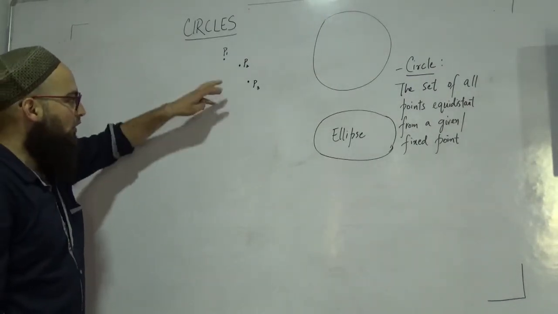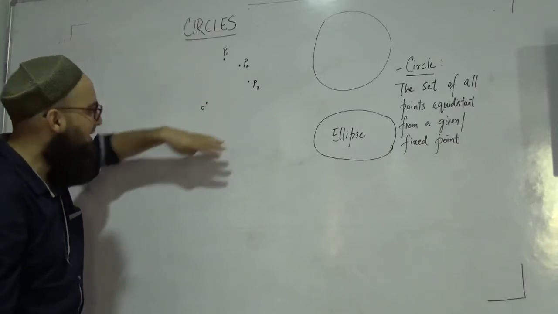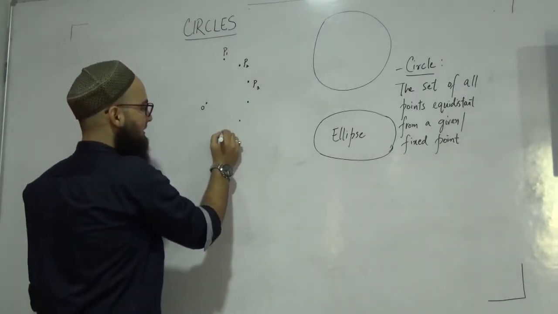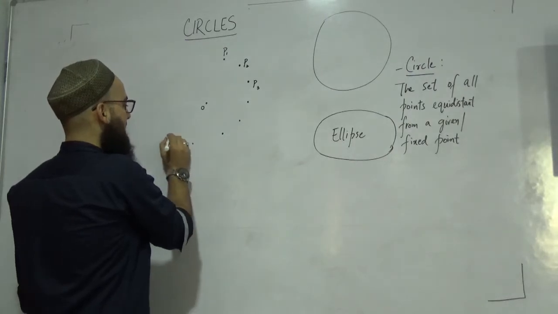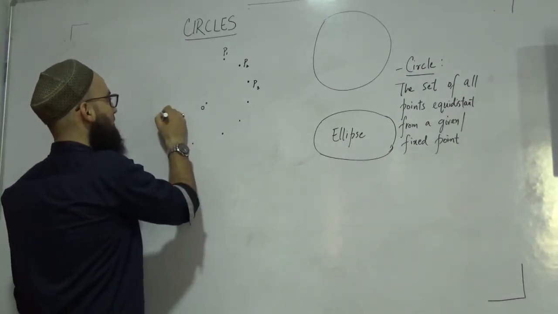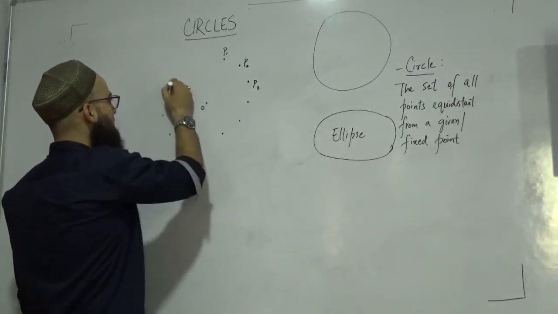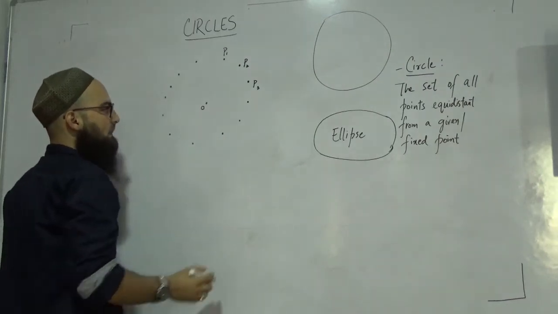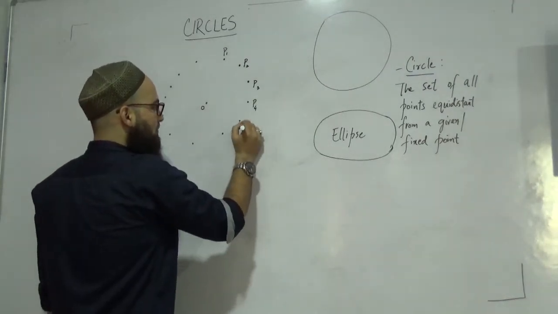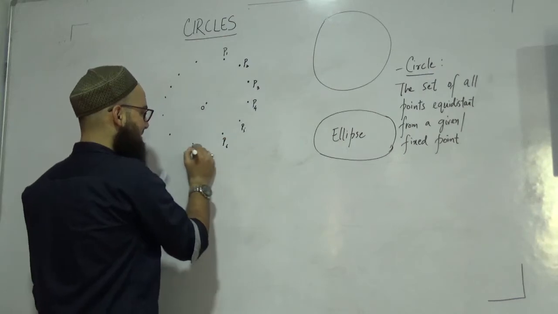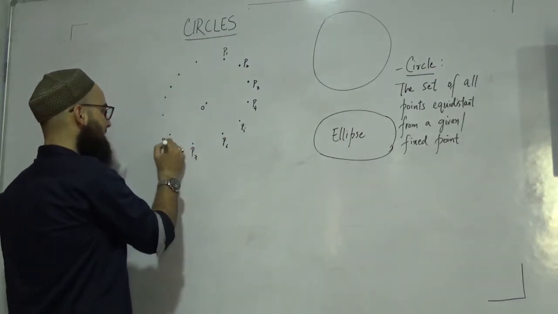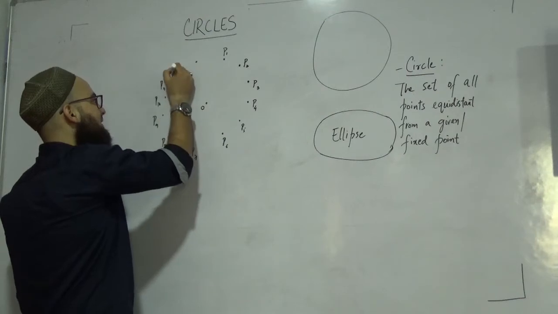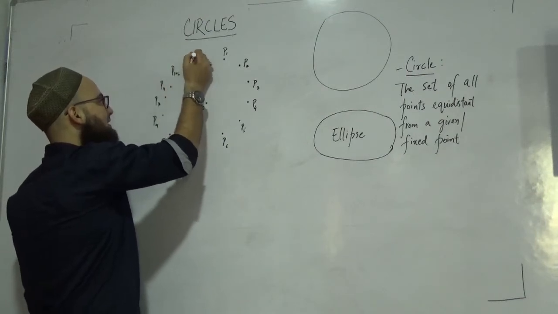So, following the same pattern, let us have a few points like this. Here one more, one more here. Name them P4, P5, P6, P7, P8, P9, P10, P11, P12, P13.